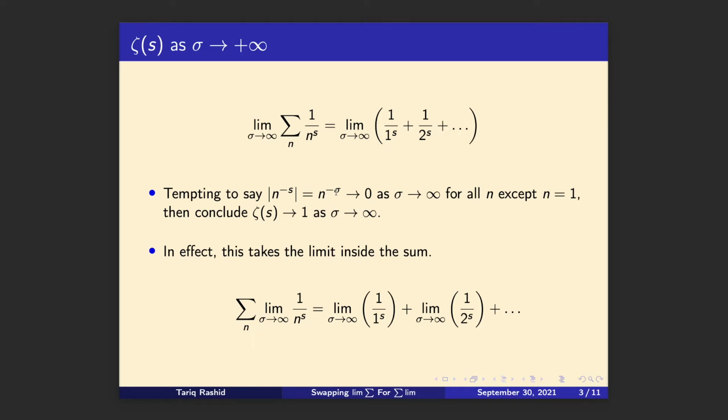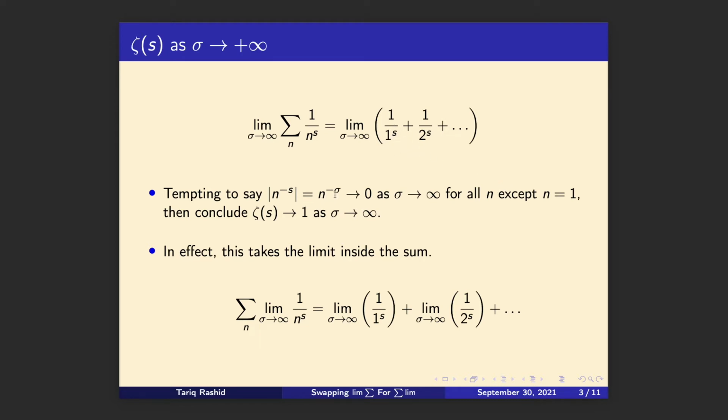And then we can easily see that as sigma gets larger, the magnitude of the terms goes towards 0. And that's really handy, because it means the magnitude of all these terms, irrespective of the imaginary part, goes to 0, which means they disappear as sigma goes to infinity, except the very first one, which is 1 to the s, which is 1.